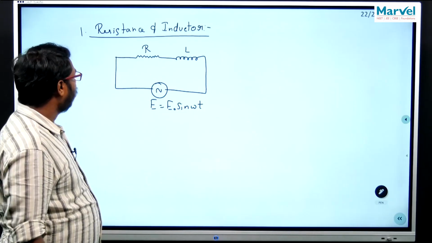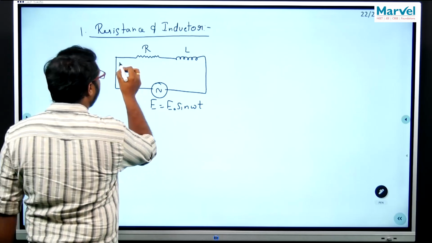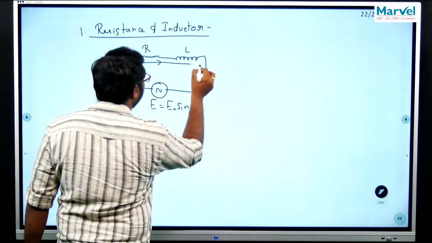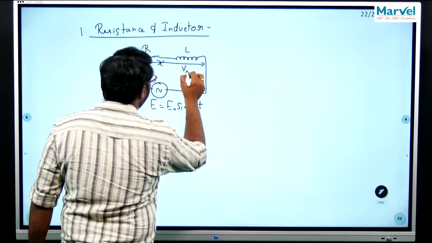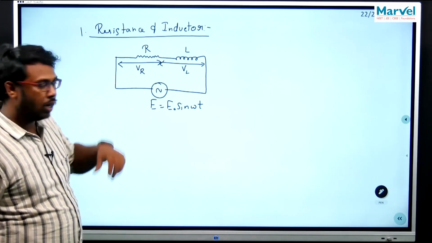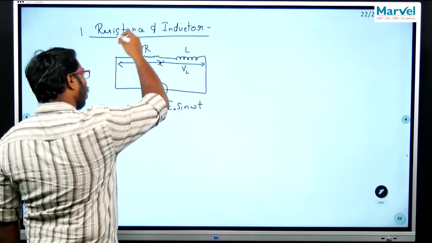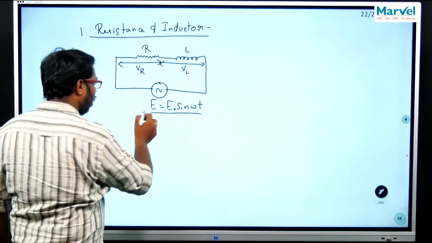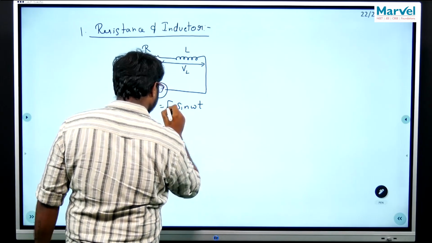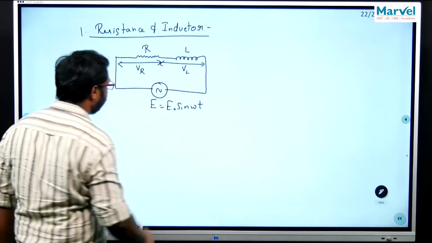So now the individual potential drops are VR and VL respectively. The overall potential is E0 sin omega t.